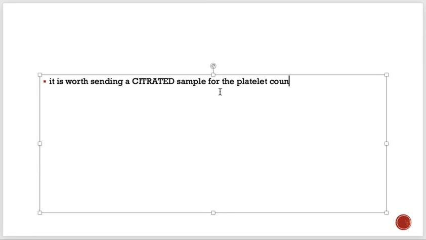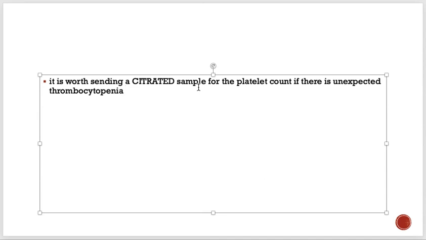If there is unexpected thrombocytopenia, which you are not expecting in the person, always send a citrated blood sample. What a citrated blood sample does is simply prevent the clotting.